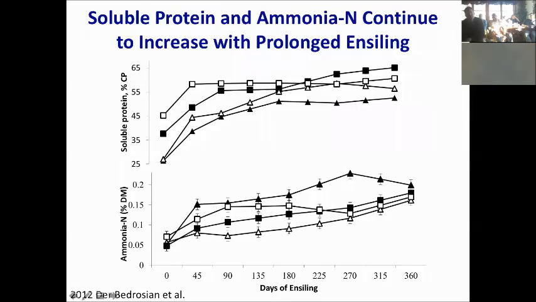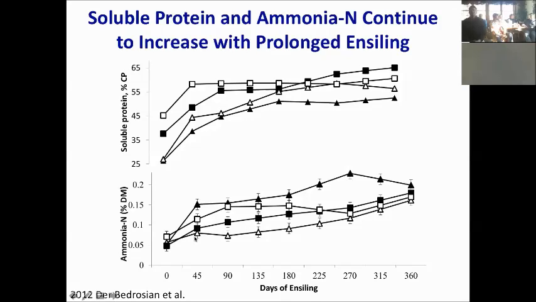And of course, the reason that we have this improvement in starch digestibility over time is because there is a natural proteolytic process occurring within the silo that appears to occur for quite a long time, depending on the sample. So what I'm showing here are the changes in soluble protein and ammonia nitrogen over time for the same 4 samples whose starch digestibilities I showed you in the previous graph that was in color.